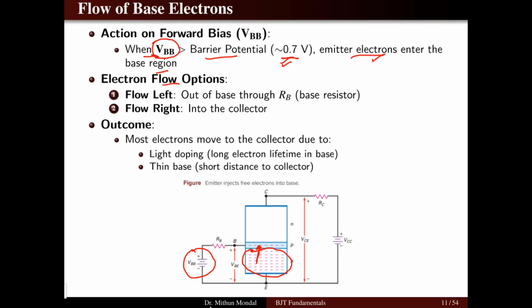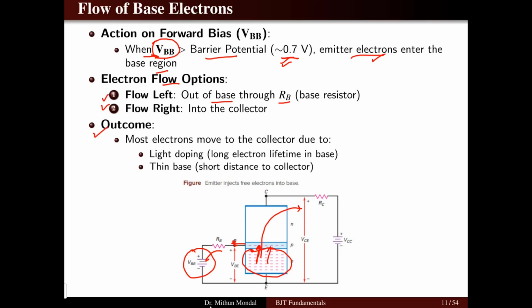Now this electron flowing from the emitter to the base can generally flow in two different paths. Either it can flow left, that is out of the base through the base resistor and move to the source, or it can flow to the right into the collector. These are the two different options that the emitter electron has.